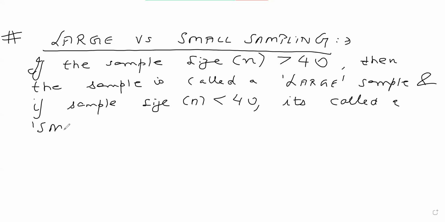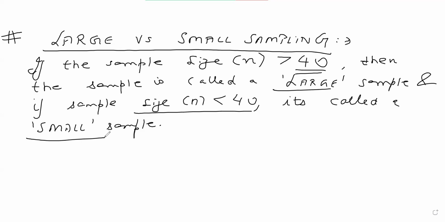So DeVore takes 40 as the criteria. If you have some other book or if you are referring to some other book, you can go by the judgment and the results of that book. But in most of the cases, if the sample size exceeds 40, we consider it as a large sample. If it is less than 40, we take it as a small sample. Okay, so hoping students have understood this.